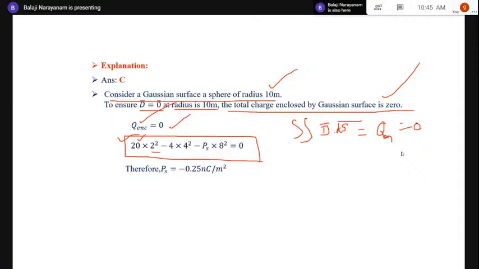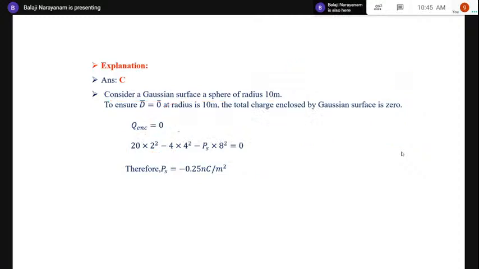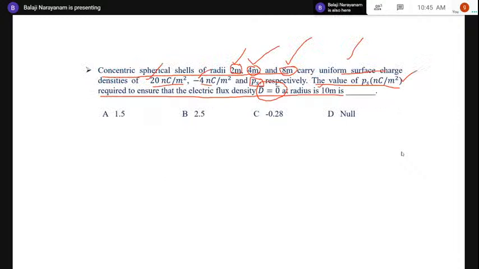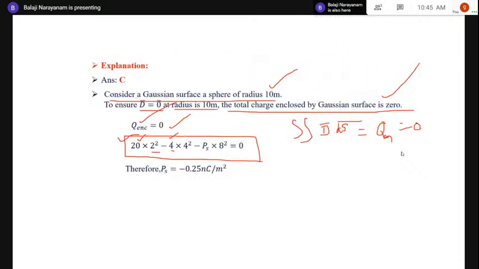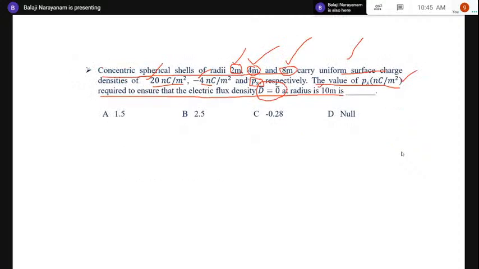On the left hand side the units are coulombs, and on the right hand side you will also get coulombs. The second sphere has a charge density of minus 4 nanocoulomb, which is why here you got minus 4, multiplied by the radius square, where the radius is given as 4 meters for the second one.